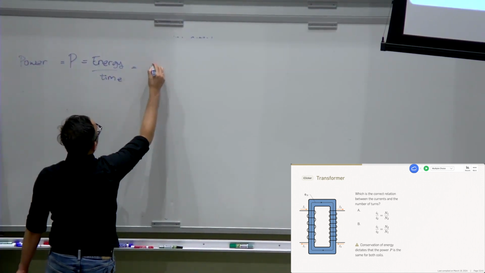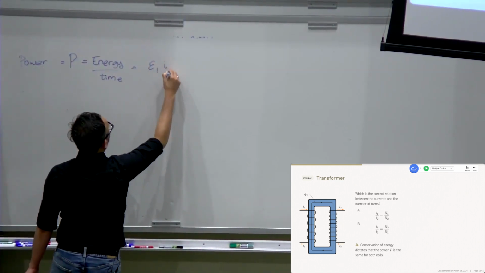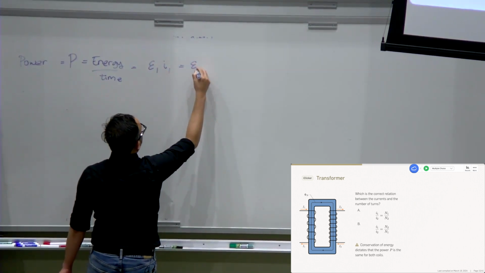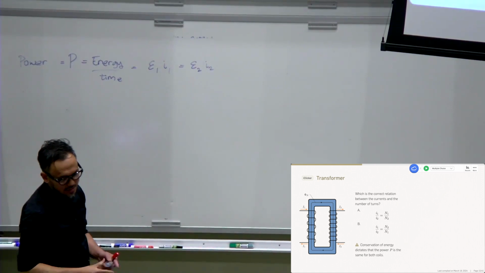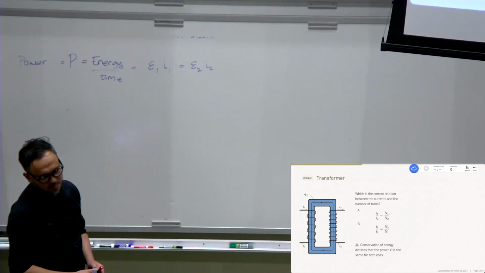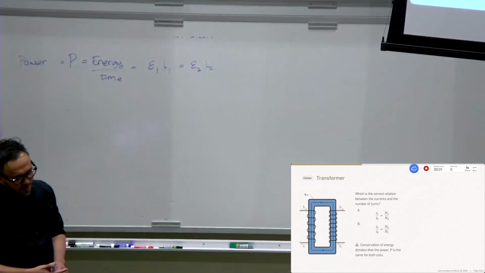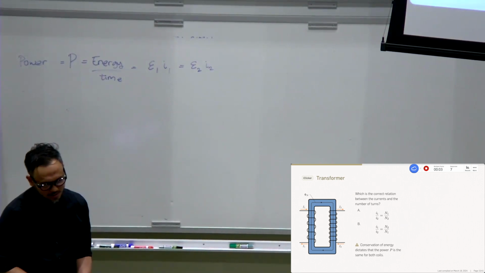And this is equal to E1 I1 equals EMF2 times I2. So that's the hint. I'll give you 2 minutes.